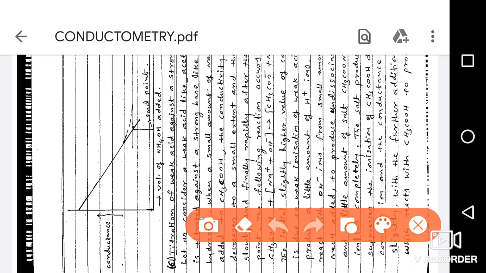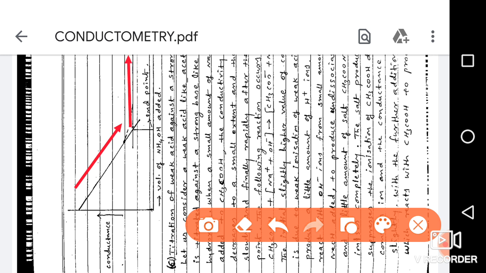If we plot the graph of conductance versus the volume of ammonium hydroxide added, then we'll get lines in decreasing order, and one line is a straight line, that is, there is no change in the conductance. Here the decrease in the conductance appears, and here there is no change in the conductance, so it is a stable current.